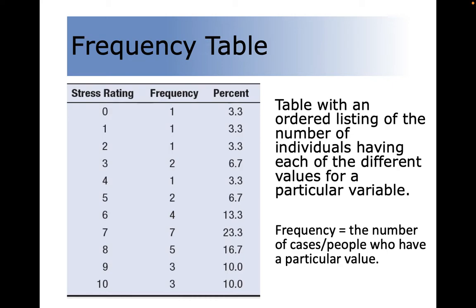Notice those are the possible values because those were the options that were given to students. What is your stress on a scale from 0 to 10? The frequency column in the middle represents the number of students that selected a particular stress rating. So for example, you can see that 4 students rated themselves as a 6, and 7 students rated themselves as a 7.